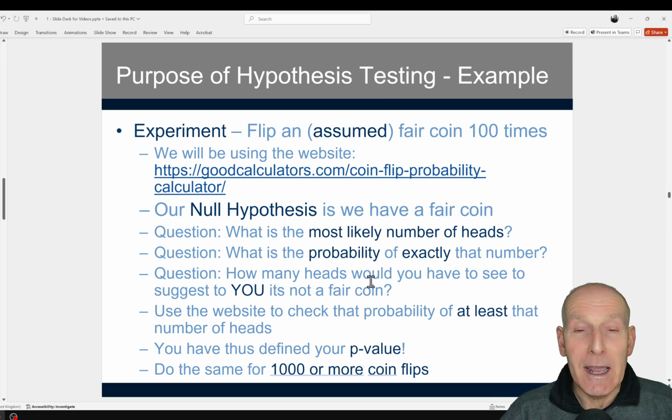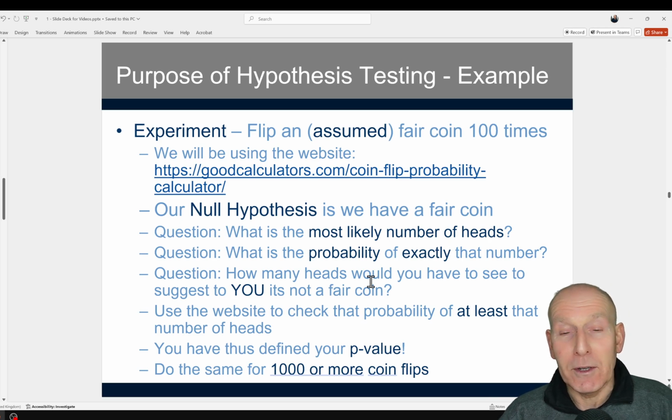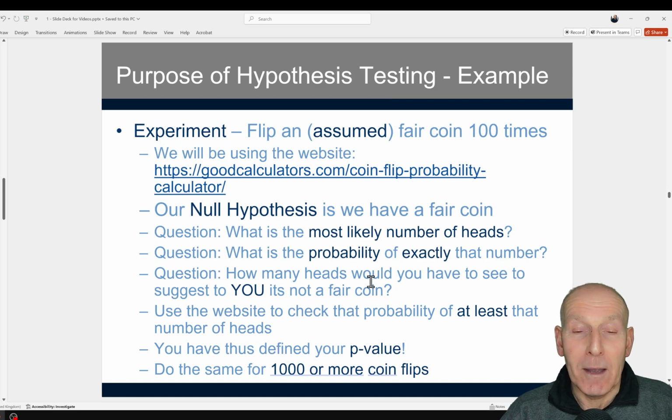So that's for an individual experiment of flipping the coin once. We're going to flip it 100 times. Each time it's going to be an independent test, and we're going to add up the number of heads and consequently the number of tails in that experiment.